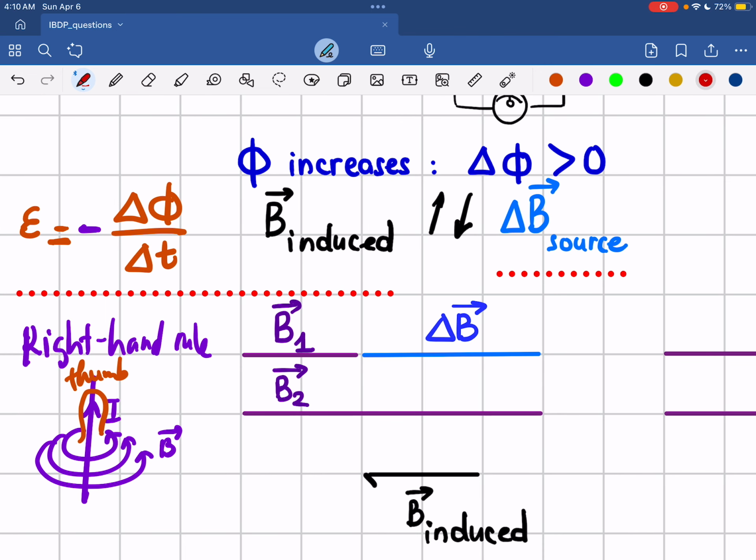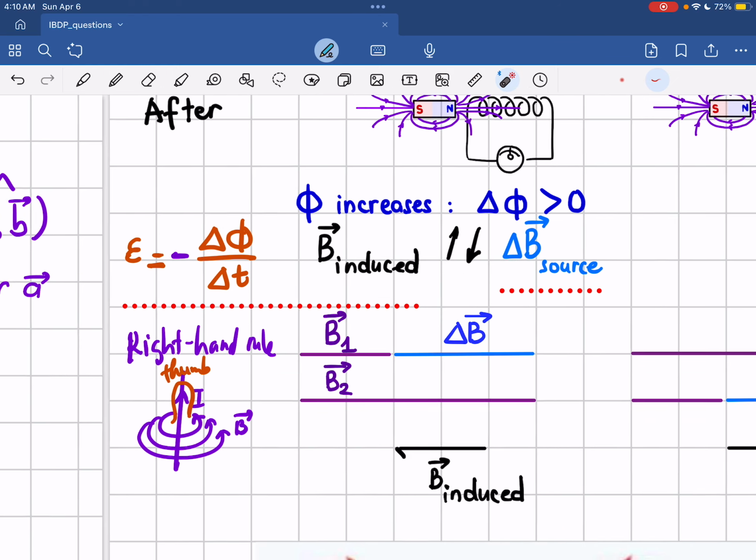Then the other fingers grabbing the current give the magnetic field B. So if this is the induced current, then this is the induced magnetic field from this current, okay? So this is the B induced. And this B induced here should be against the change in the flux.